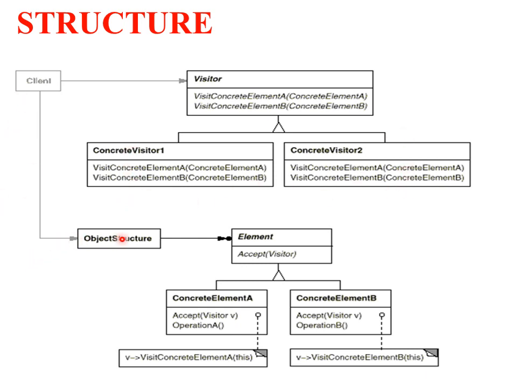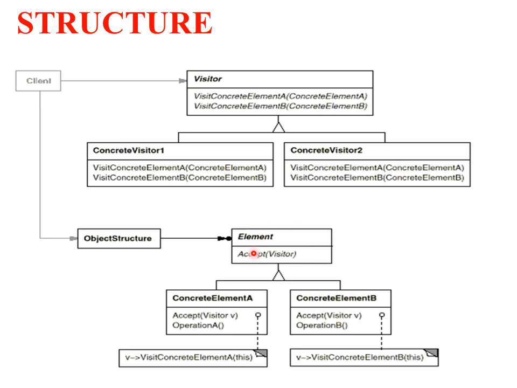The object structure contains elements A and B, the two elements. The visiting operation, whether plus, minus, or asterisk, is all defined here. So the structure contains the elements, concrete element A and concrete element B, and the visitors, concrete visitor 1 and concrete visitor 2.